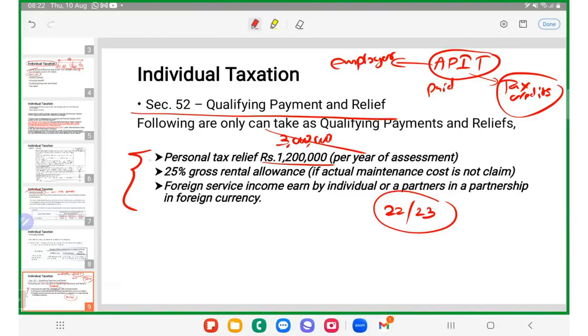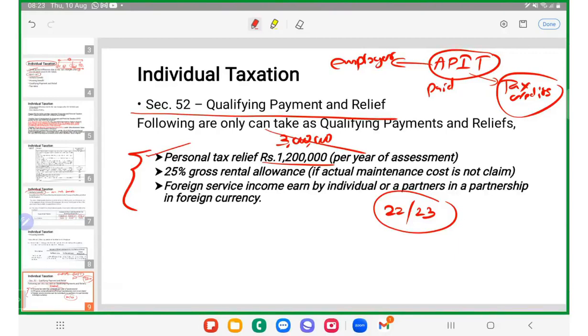The second qualifying payment and relief is the 25% gross rental allowance. If you have gross rent income and your actual maintenance cost is lower than the 25% gross rental allowance, you can take that 25% allowance as a qualifying payment under section 52.